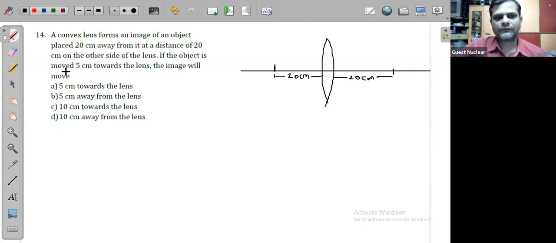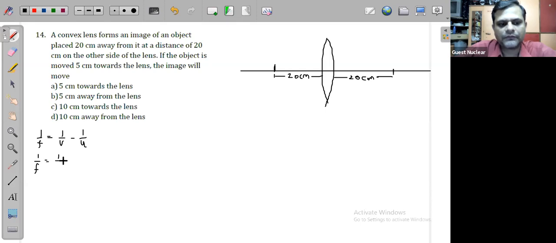If object is moved 5 centimeter towards the lens, then the image will move by what distance? Okay. That means अभी सबसे पहले देखो कि अगर ऑब्जेक्ट का 20 सेंटीमीटर पे अगर इमेज मिल रहा है और वो भी कॉन्वेक्स लेंस का, तो the lens equation gives 1 upon f is equal to 1 upon v minus 1 upon u, and it gives 1 upon f is equal to 1 upon v.